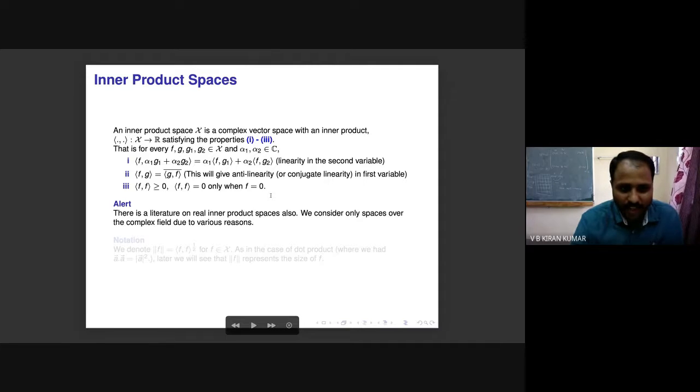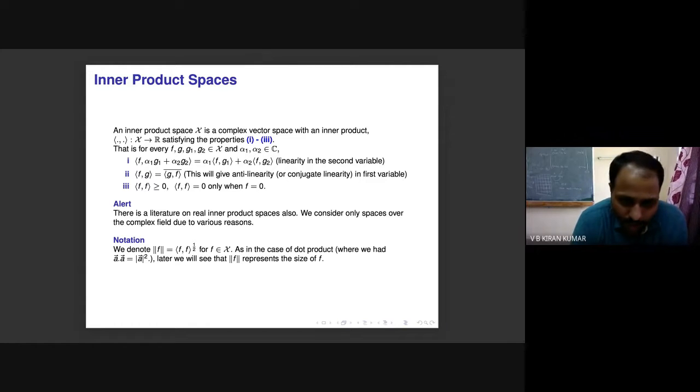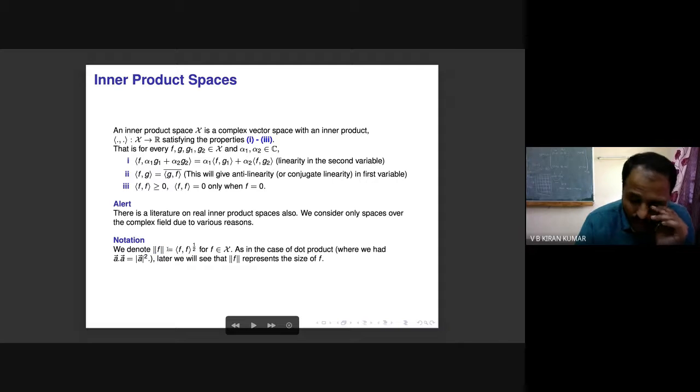Now let me make a notation. Do not confuse it with the norm, because I am yet to prove that it is a norm. Still, I will use this notation, norm f equal to ff power 1 by 2. Let me use it as a notation only. I don't know yet whether it satisfies all the properties of a norm. But keep the similarity with the dot product.